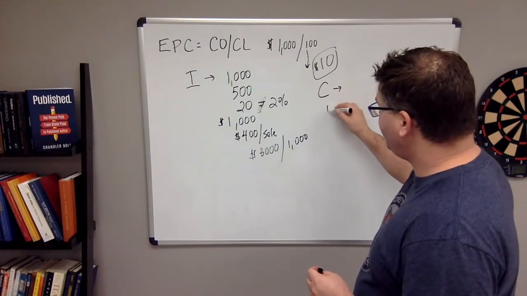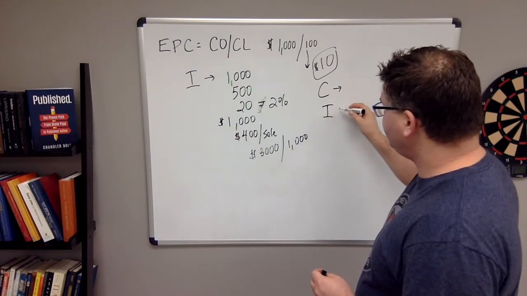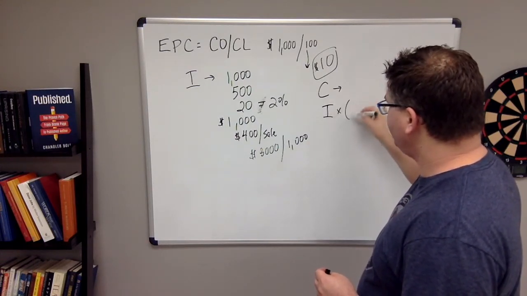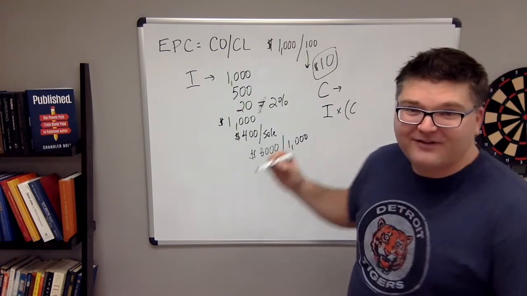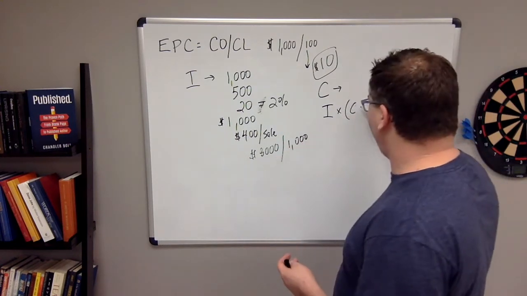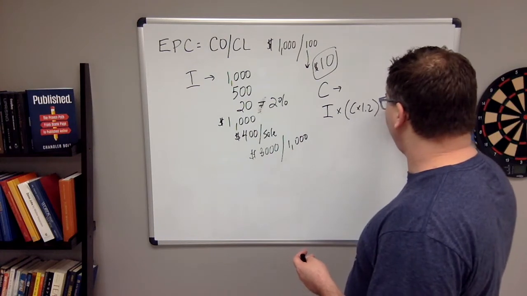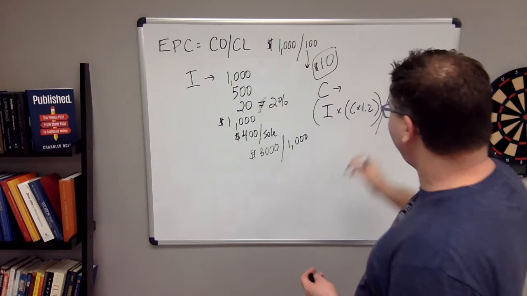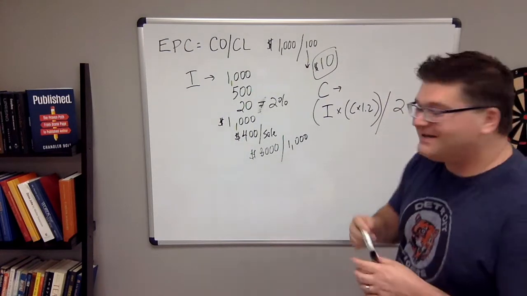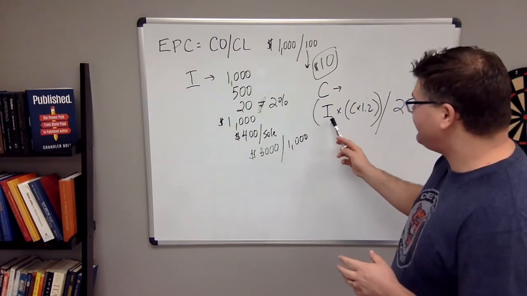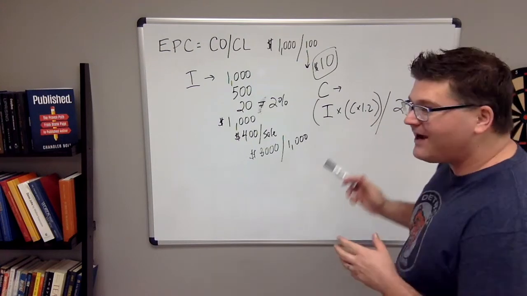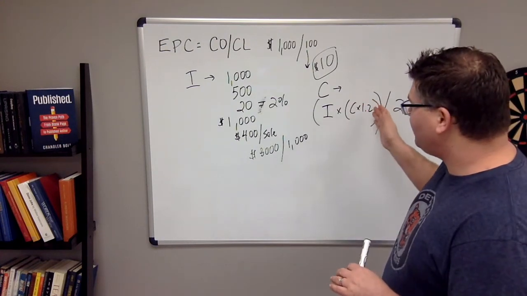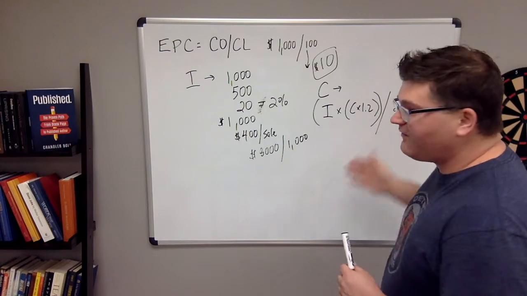So you basically take your internal EPC times, this feels like high school, right? I don't know about you, times 1.2, and then divide that by 2. If I'm doing this mathematically correct, I think it looks like that. So what that is: your internal EPC plus your cold traffic EPC times 1.2, divided by 2.